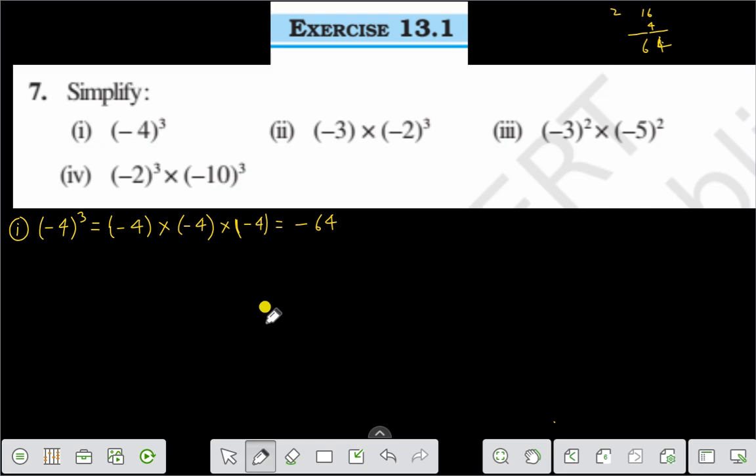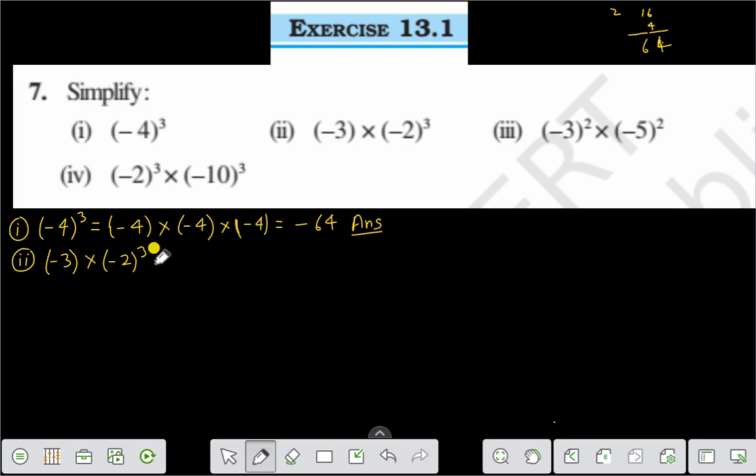Right? Now, the second question. This is the answer of question number 1. Now, question number 2. Question number 2 is given as minus 3 into minus 2 to the power 3.